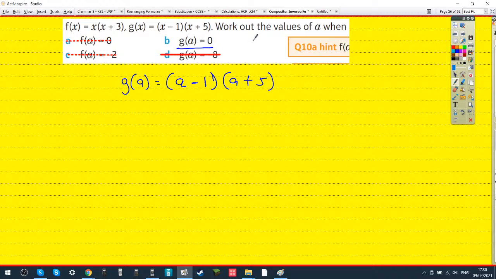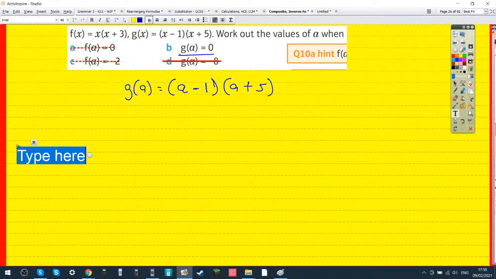So what can you do with that? So if G of A is equal to 0, how does it equal 0?